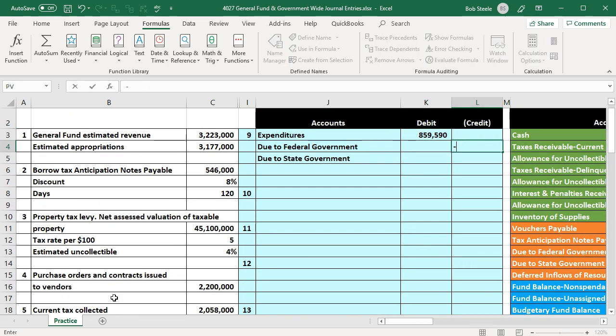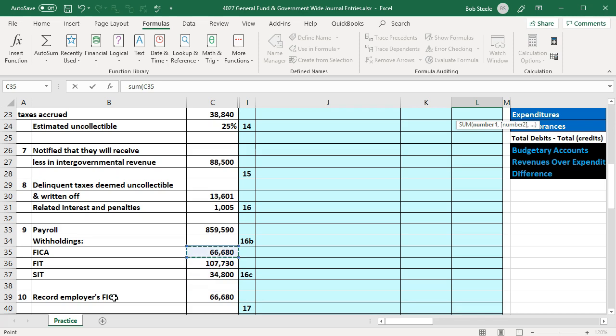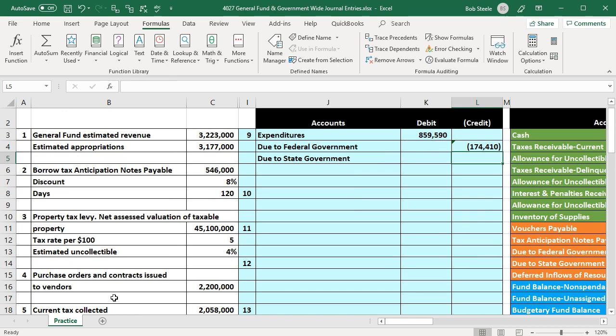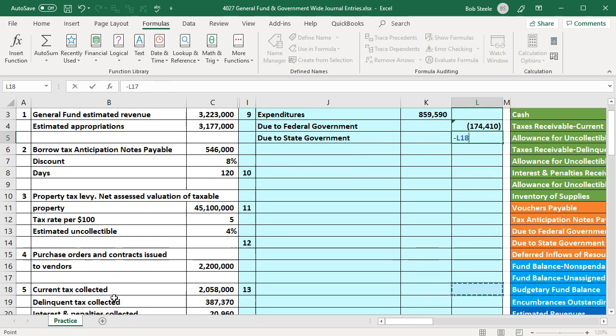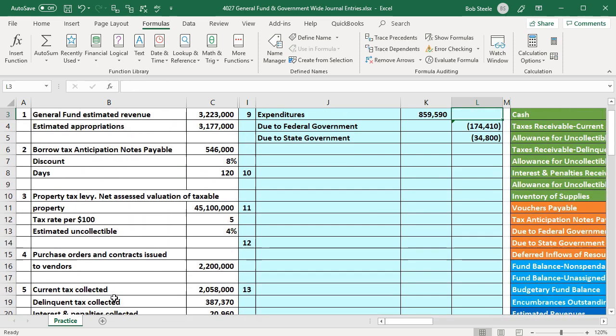Then I'm going to say negative sum of the federal taxes, which include FICA, Social Security and Medicare, and then FIT, federal income tax, the withholdings we have to have. So those two are both federal taxes. And then I'm going to say negative of the state tax, which is the SIT tax. And there we have that. And then the last component is going to be cash.